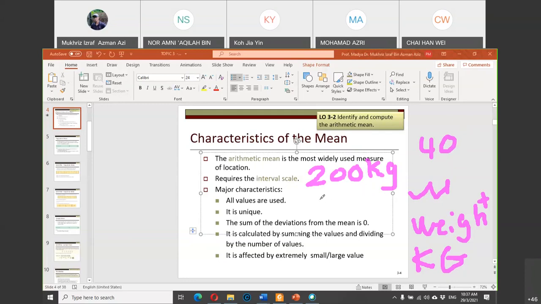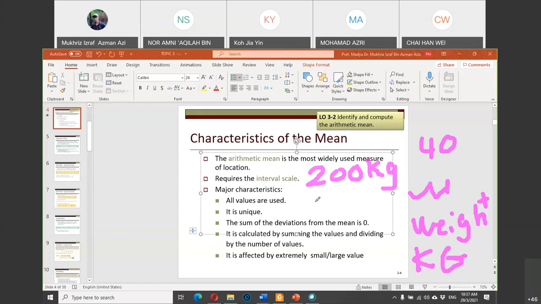who are usually, for Malaysian students, around the age of 20 to 23. On average, for female students, it can be from, let's say, 45 kilograms to maybe 55 or 60 kilograms.